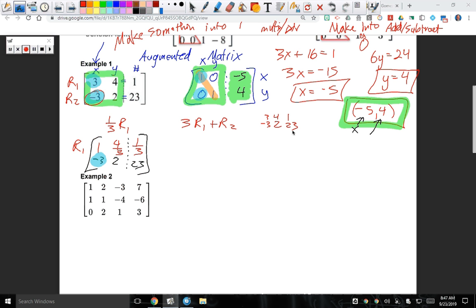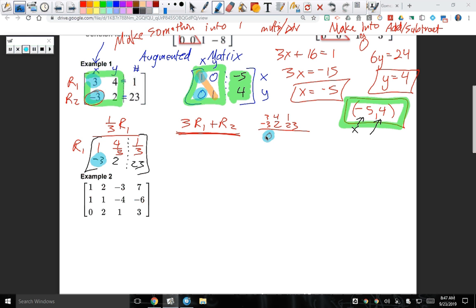So this -3 is about to become what? 0, which is what I need it to be. If you're struggling, you got to ask me now because this is just a 2x3 matrix. We'll do 3x4, okay?